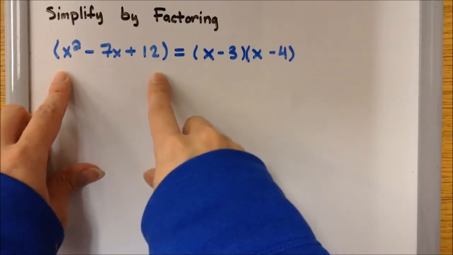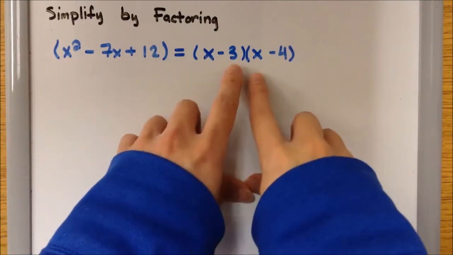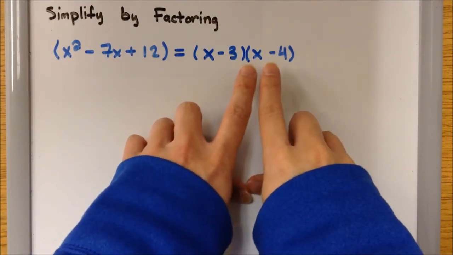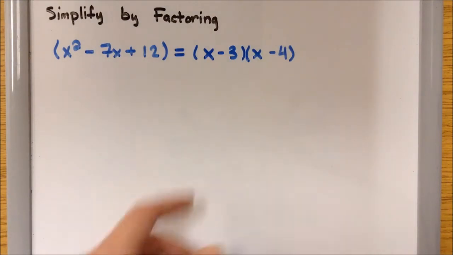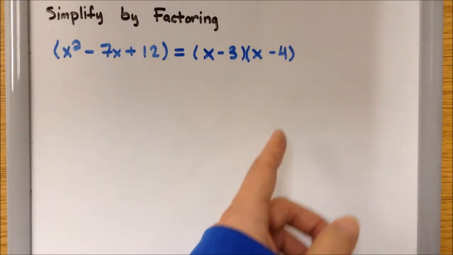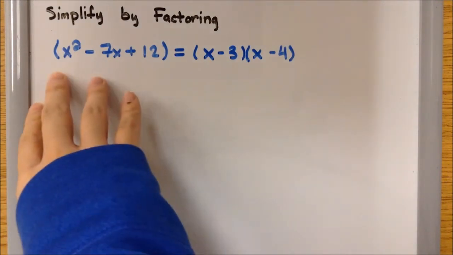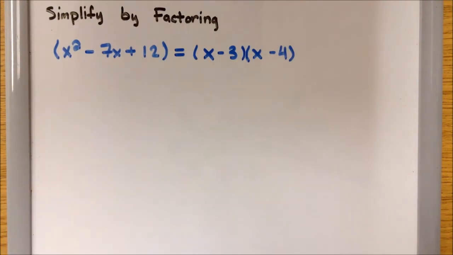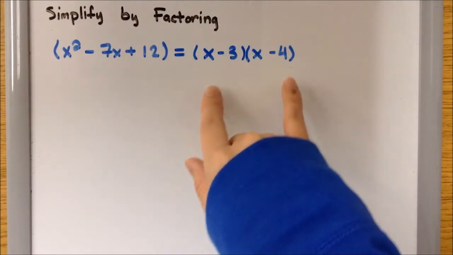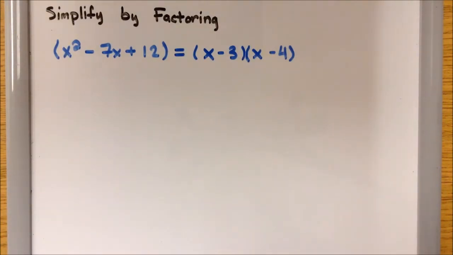You would break it down to x minus 3 and x minus 4. It's like, hey, maybe I could use x minus 3 for something, or hey, I could use x minus 4 for something else. So, that's the purpose of factoring. Make sure you have that, simplify by factoring is to break down a big or complex function into smaller parts so that we can work with smaller parts and continue simplifying.